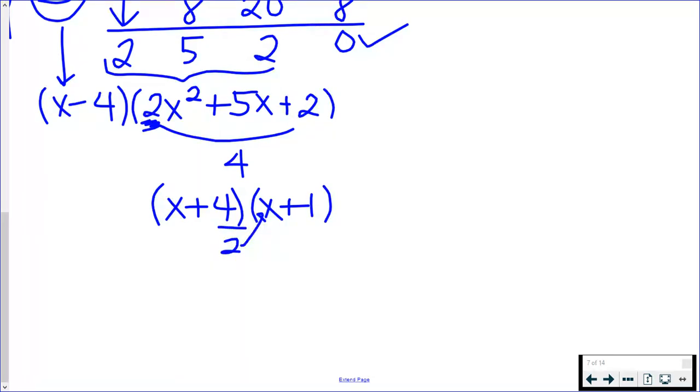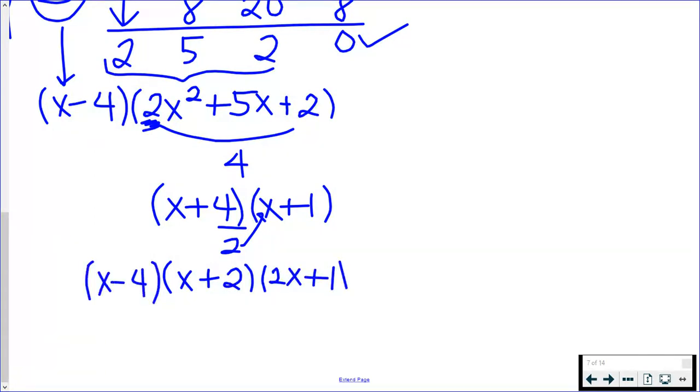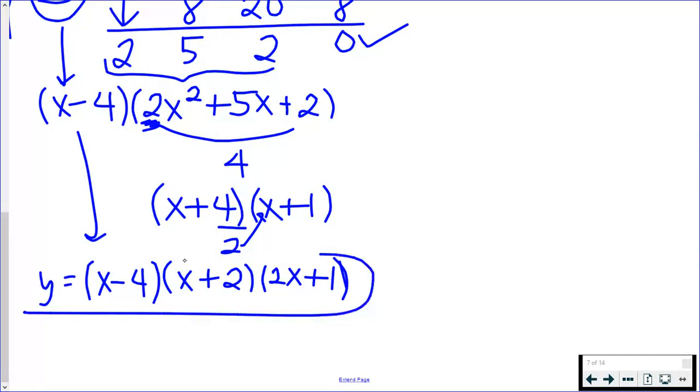So I take the 2 out and move it to the other parentheses. And that's my final answer.